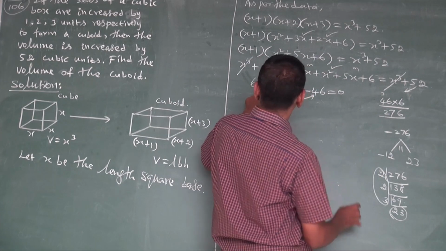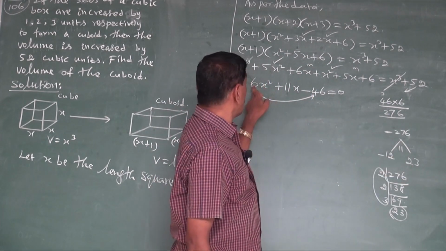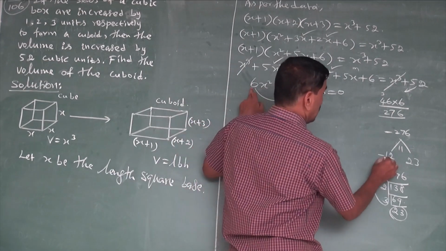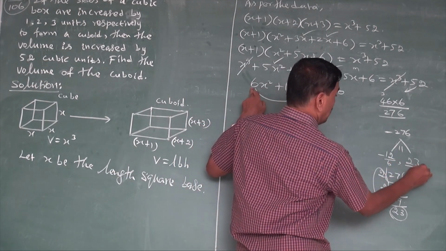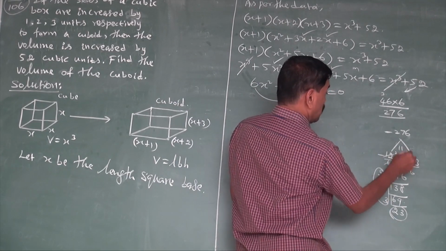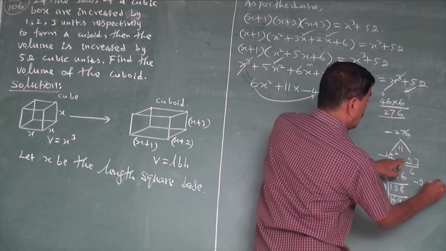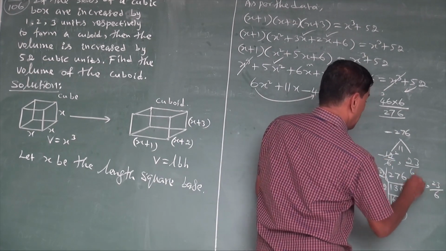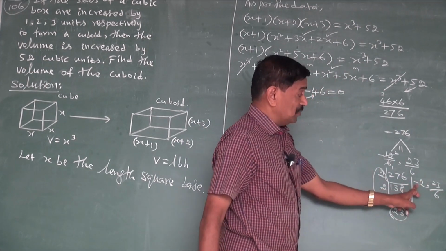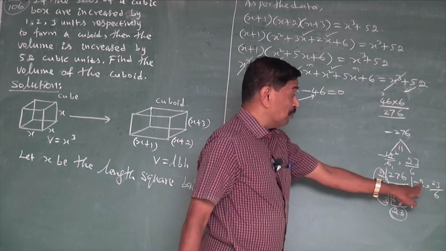And also, here the x square coefficient is not 1 but 6, so that is why we divide by 6 each: 12 divided by 6 is 2, that means minus 2, and here 23 by 6 stays. Now minus 2 is one factor and 23 by 6 is the other.